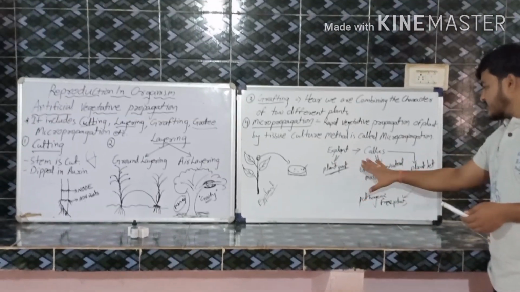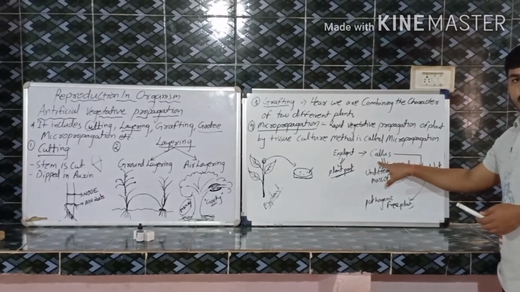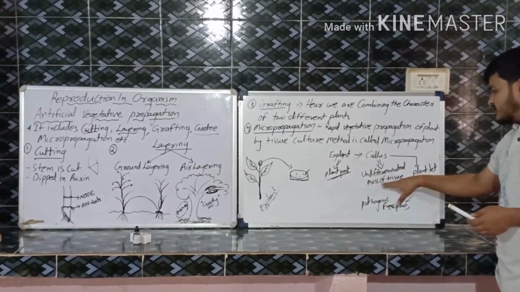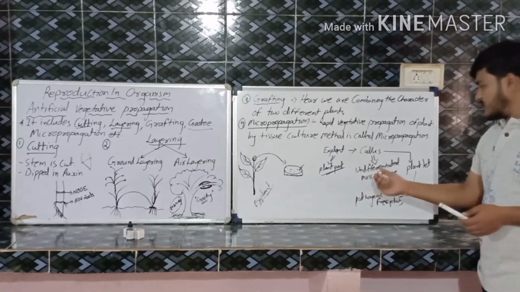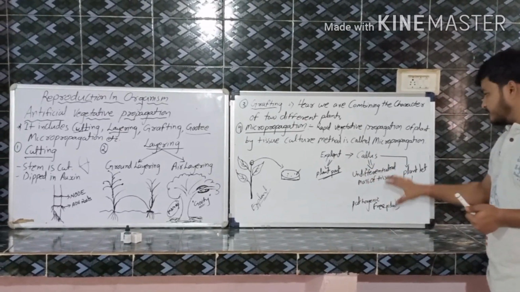So the plant part divides to form a callus culture, which is an undifferentiated mass of tissue.